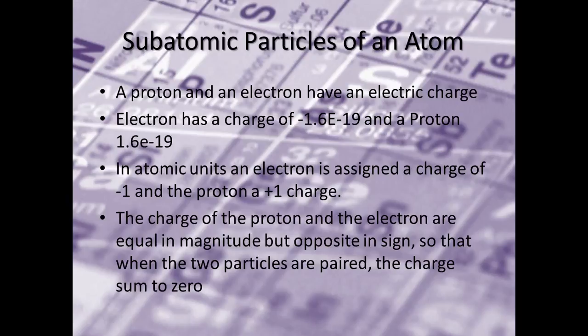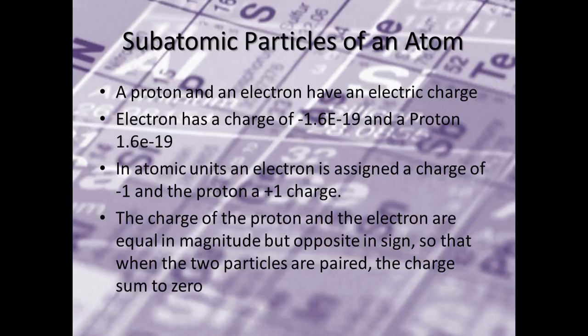A proton and an electron have an electrical charge. An electron has a charge of negative 1.6 times 10 to the negative 19th, and a proton has 1.6 times 10 to the negative 19th.